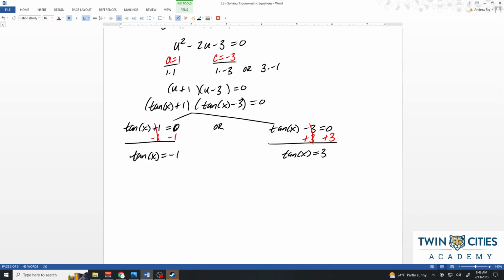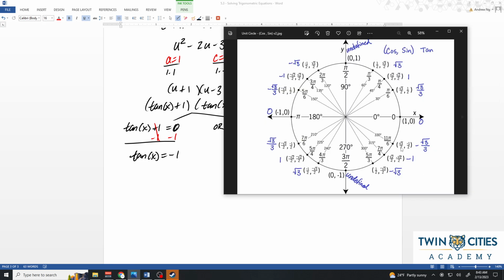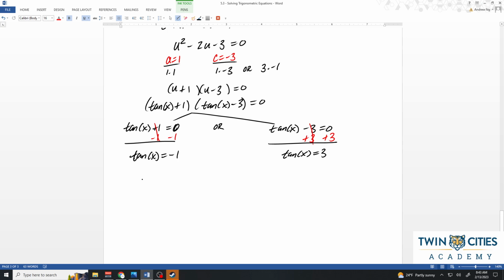So I'll bring back my unit circle, and I'll look on here and I'll say, is there at any point that tangent of x equals -1? So tangent's on the outside here. -1 is here at 3 pi over 4, and here at 7 pi over 4. So what I could say is x equals 3 pi over 4, x equals 7 pi over 4.